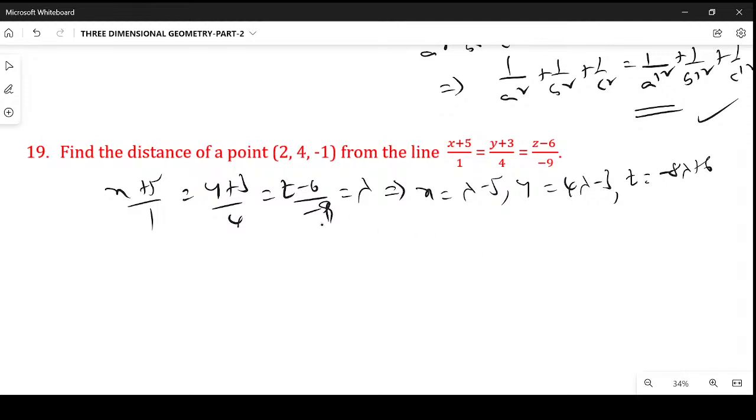The given point is 2, 4, minus 1. I can find the DRs of PQ. It can be any point I consider here. Because we know the DRs, we can write A, B, C as 1, 4, minus 9. These are the DRs of the line.